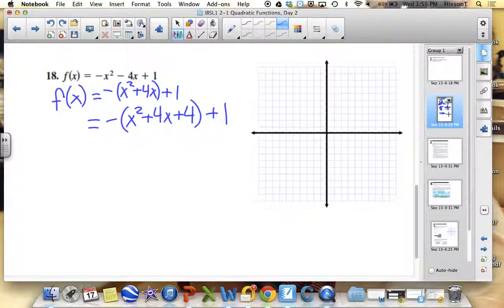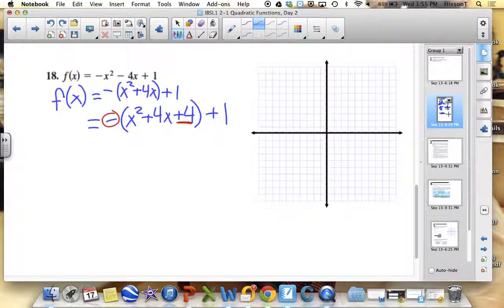Okay? But we need to balance this out because we can't just randomly add 4 wherever we want. So what did I actually do to this side of the equation? I actually subtracted 4. Notice this positive 4 is being multiplied by a negative 1.